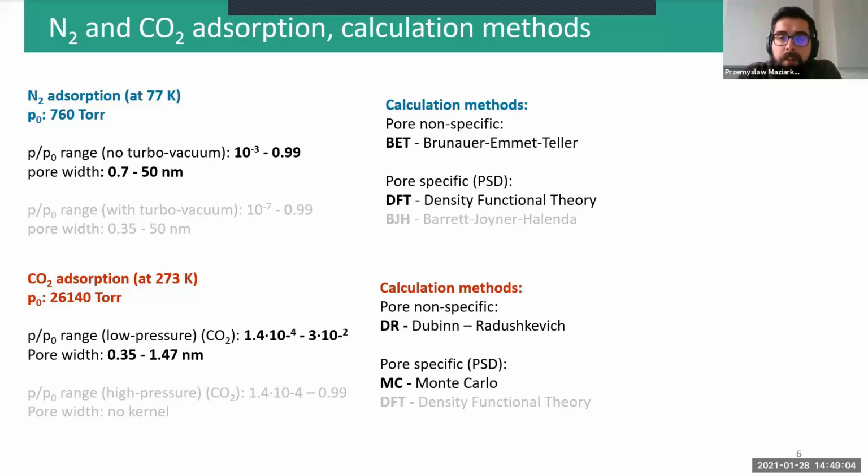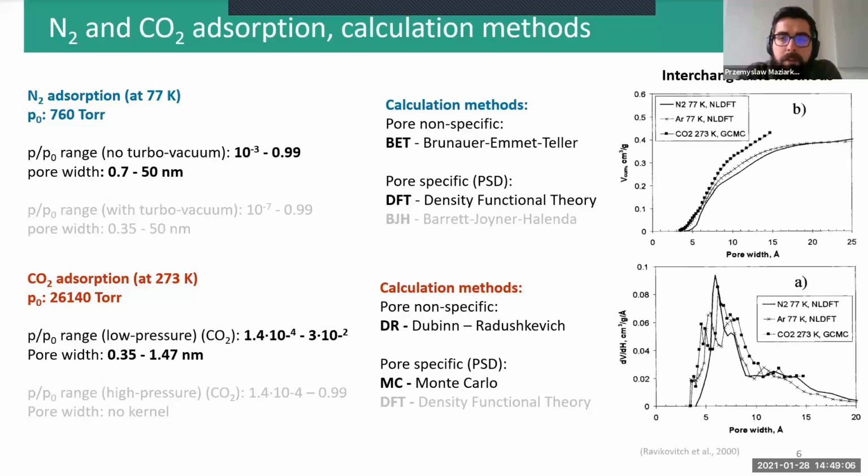It needs to be stressed that those methods are interchangeable. So the results for the same range of pore width should be similar from both methods, as was presented by Rawikowicz et al. in 2000.